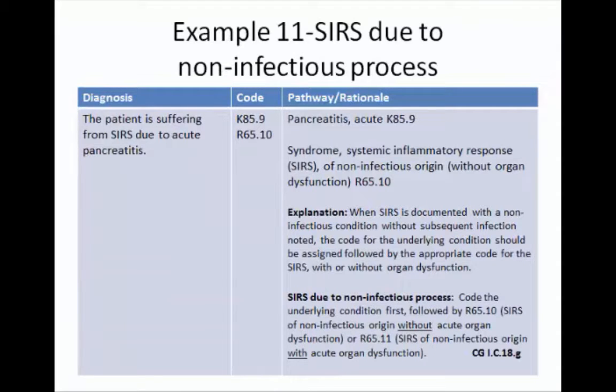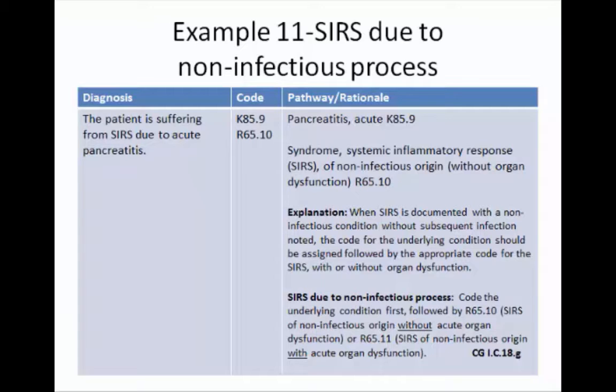And here is SIRS, or a systemic inflammatory response, SIRS due to a non-infectious process. It is not uncommon to have a SIRS diagnosis because of an infection that's just become rampant through the whole body. This is an example of a patient having that systemic response, but it's non-infectious.